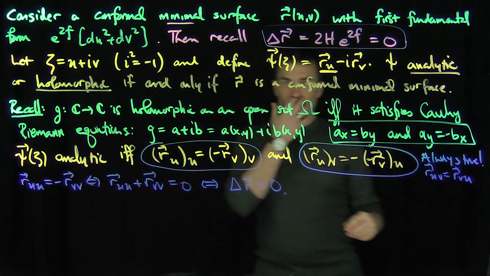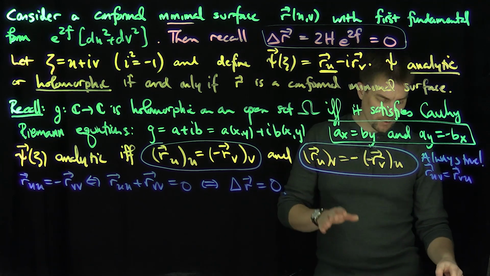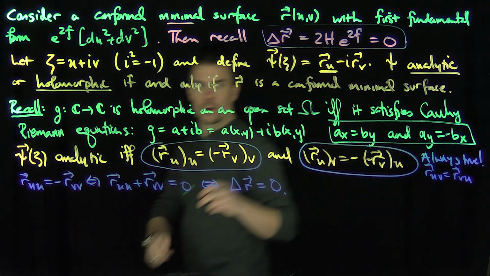function. Now the other remarkable thing to check about this is that this function psi has some particular properties, right? So if we write out psi in terms of its components, right?